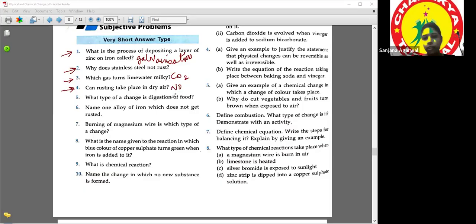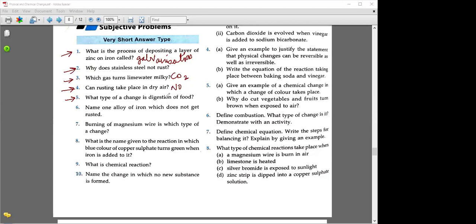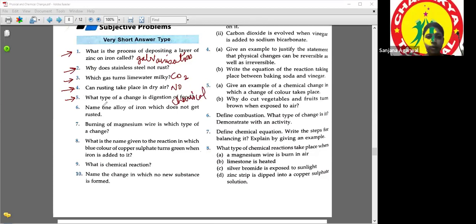What type of change is digestion of food? Okay, only Aishwarya. Ma'am, I typed my answer. Everybody knows it's a chemical change.